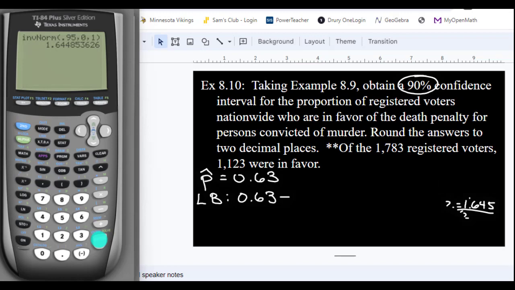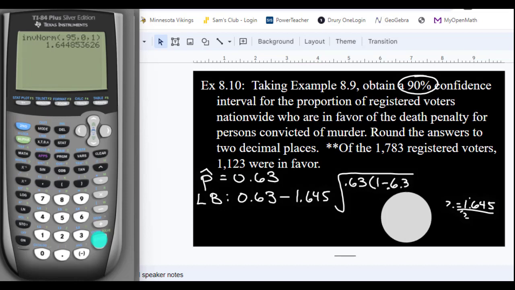So again, back to our formula, p hat minus this z-score, 1.645, times the square root of p hat, which is the 0.63, times 1 minus p hat, 0.63, let's put that in there correctly, divided by n, and n was the 1,783.